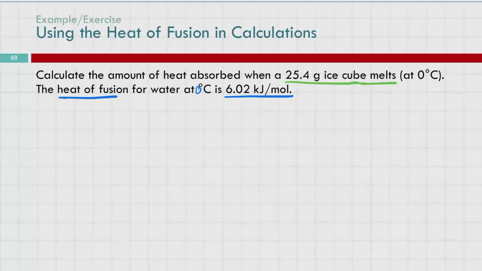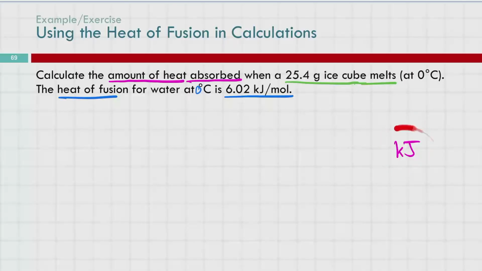So we're given 2 different pieces of information. What are we trying to find? We're trying to find amount of heat. We're told that it's absorbed. What's a unit of heat? Joules or kilojoules? I'm going to use kilojoules here because it shows up in our heat of fusion.